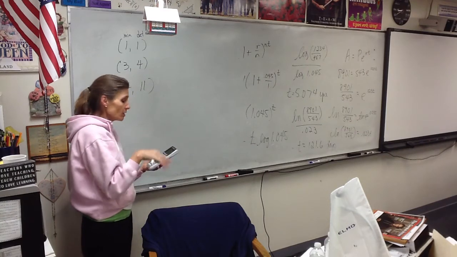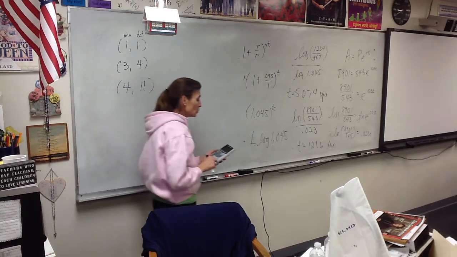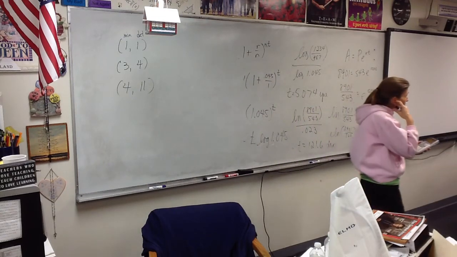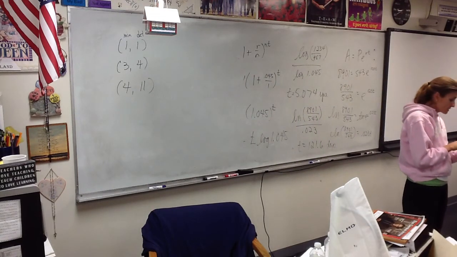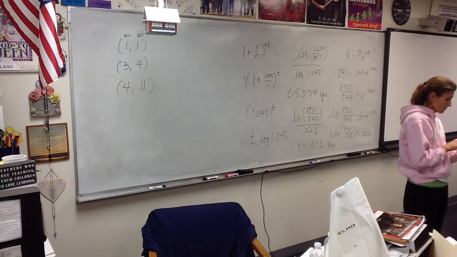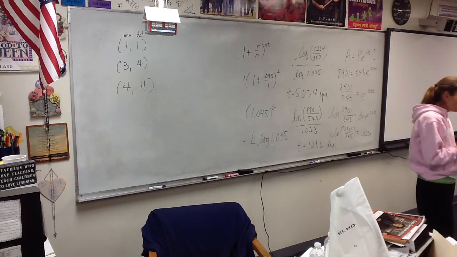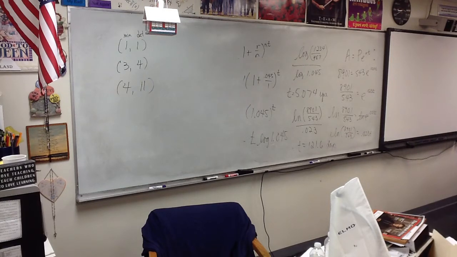Now as soon as you get those in, hit second quit. Then go back into your stat menu, click over to calc, and go down the list till you get to quadratic regression. Now, boys and girls, could the test have cubic regression on it? Yes.